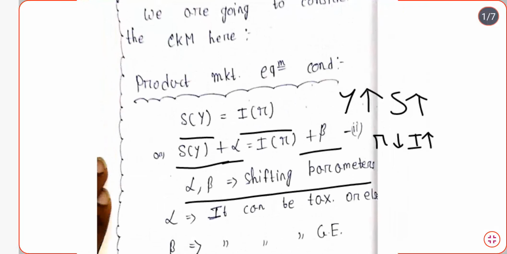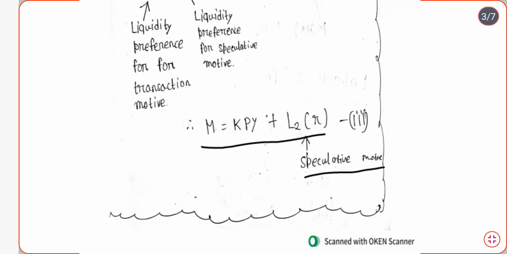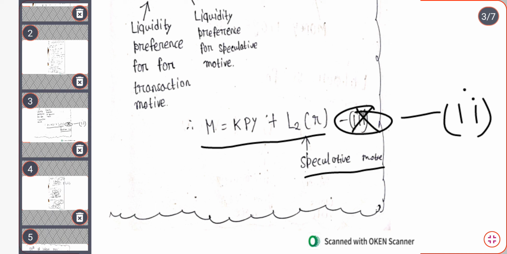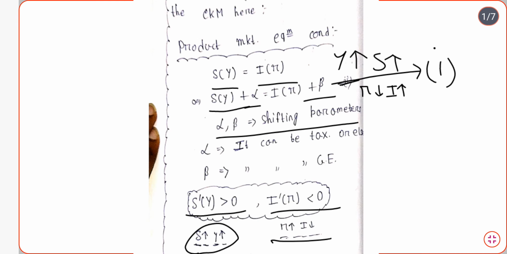Similarly, this is given as the third equation, but it is basically the second equation. Which one was our first equation? Our first equation is this equation, which we have obtained from the product market equilibrium condition.